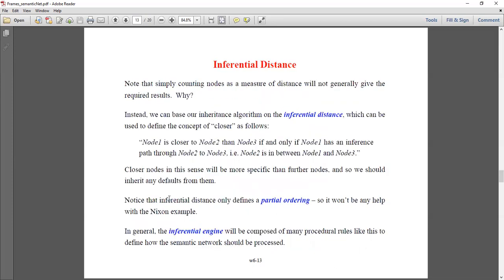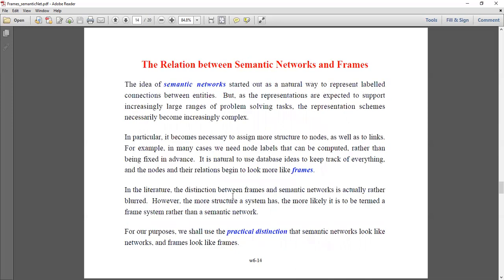I'm discussing this a bit fast because we have discussed it earlier in detail. What is important, and what we are going to discuss today, is the relationship between semantic nets and frames. The idea of the semantic network started out as a natural way to represent labeled connections between entities. But as the representations are expected to support an increasingly large range of problem-solving tasks, the representation scheme necessarily becomes increasingly complex.